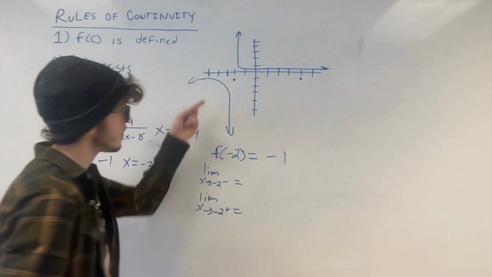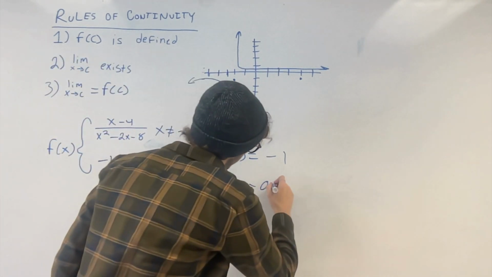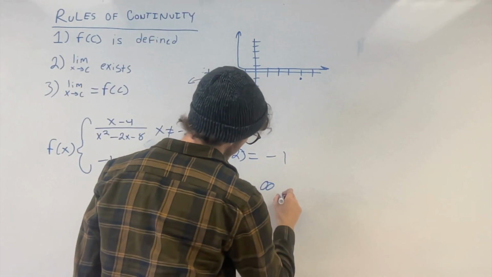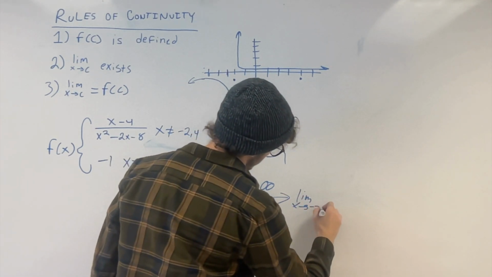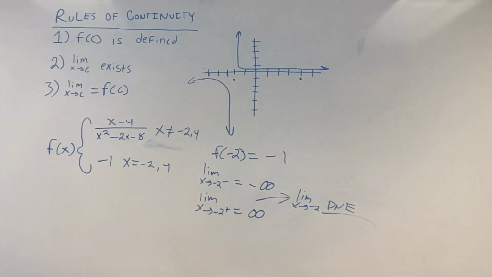What does that equal? Well, we approach from the left, we go to negative infinity. We approach from the right, we go right up to infinity. So the limit does not exist. DNE, does not exist. Quite simple. So we are a discontinuous function, but to what degree?